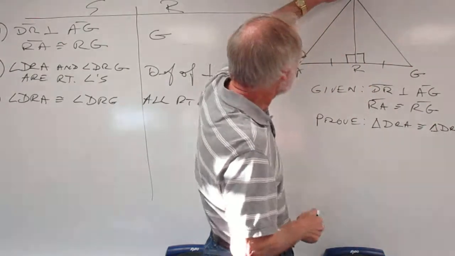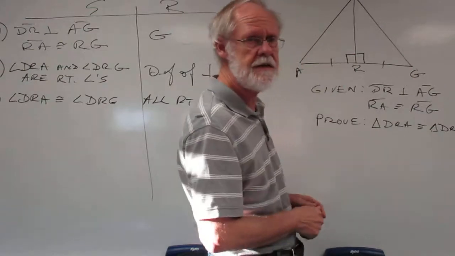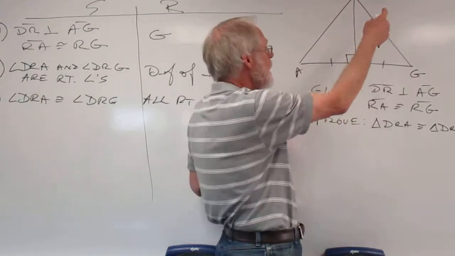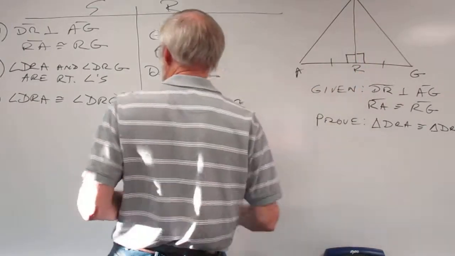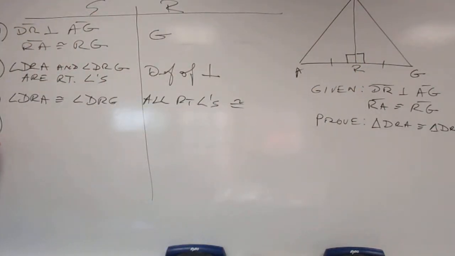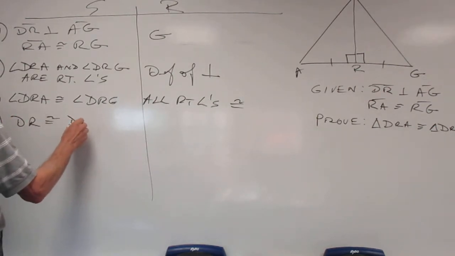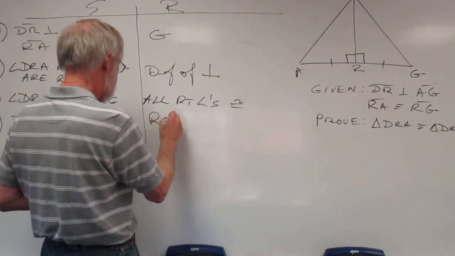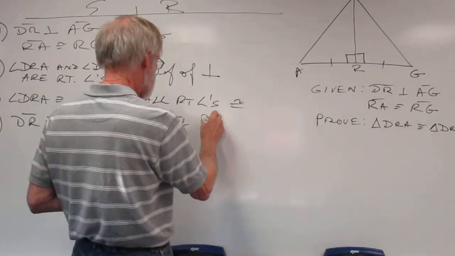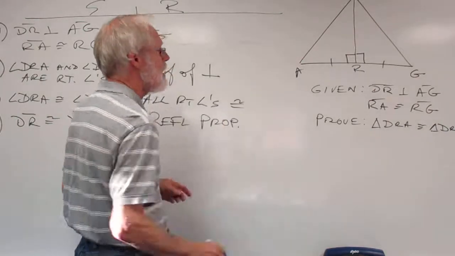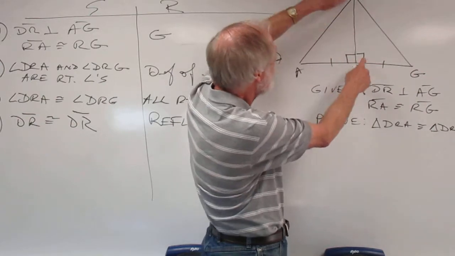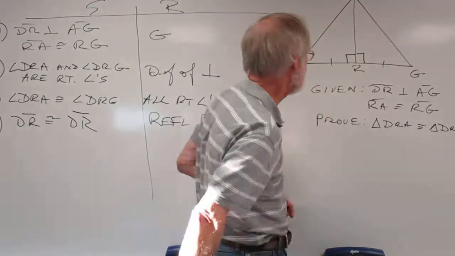And that something more is going to be the shared side DR, because you will notice that DR is a part of this triangle and a part of this triangle. So let's put here, DR is congruent to DR. And the reason is the reflexive property. We have to do that because we have to establish that the DR of this triangle is the same as the DR of this triangle.